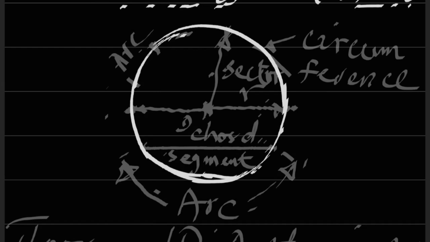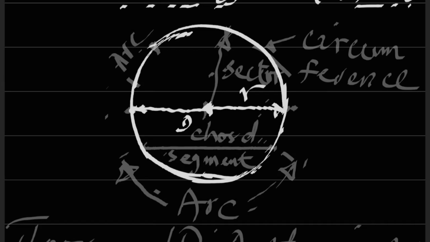I'm going to draw the other parts of it. If this is the center of a cycle, a line that runs through the center of a cycle from circumference to circumference is called what? It's called the diameter. That's the diameter. Half of a diameter, that is from center to circumference, is the radius. This is the radius of a cycle.